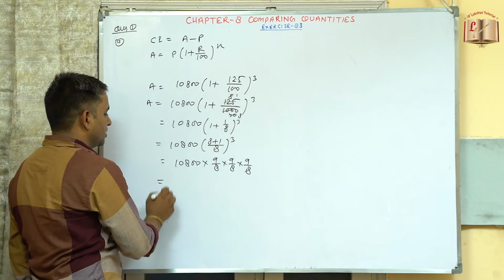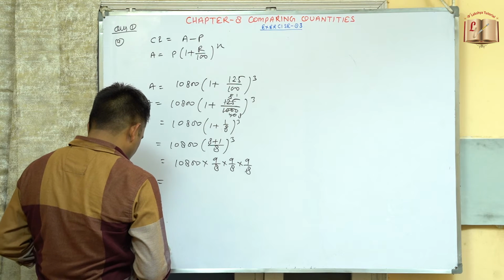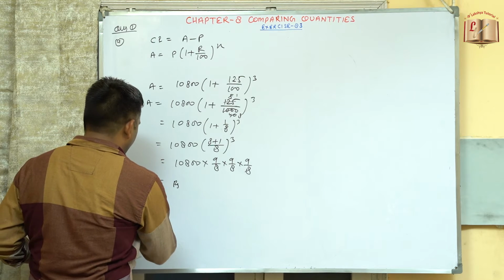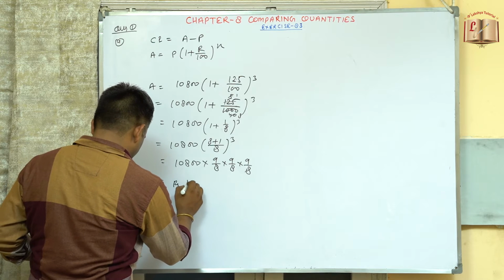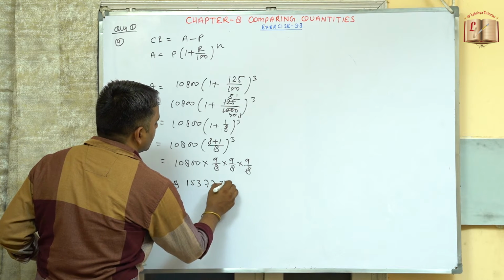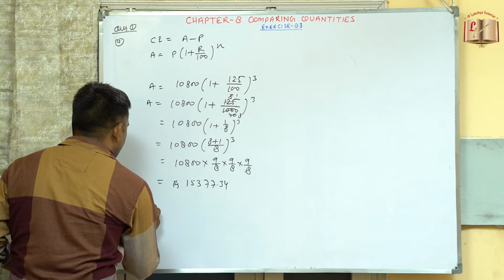So now we can solve this, and here A will be equal to rupees 15,377.34. Now we can find out the CI.